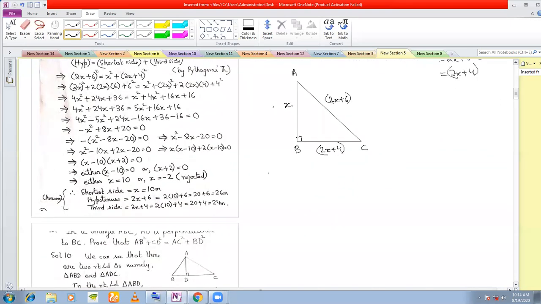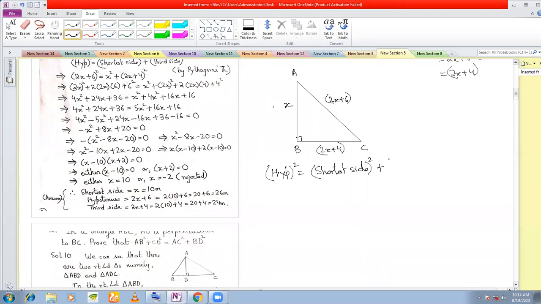according to Pythagoras theorem, we have hypotenuse square is equal to shortest side square plus third side square, or perpendicular or base, whatever you want to write.